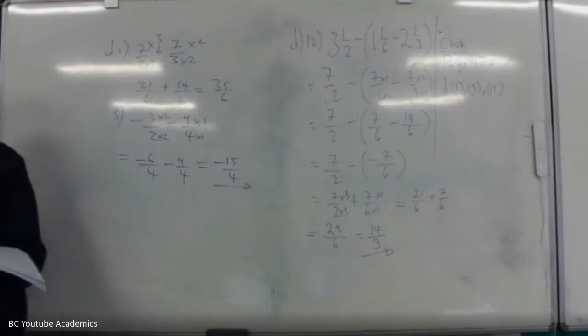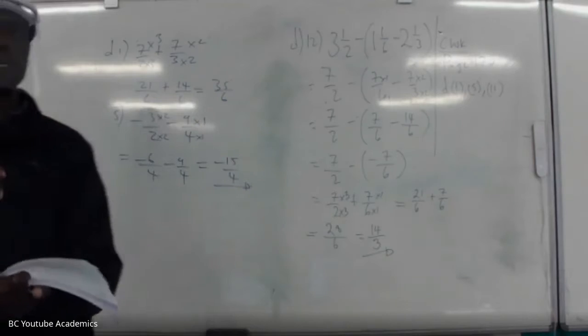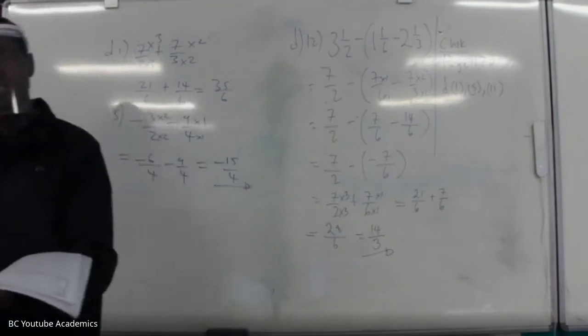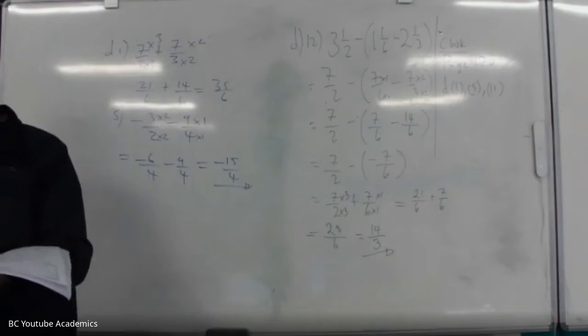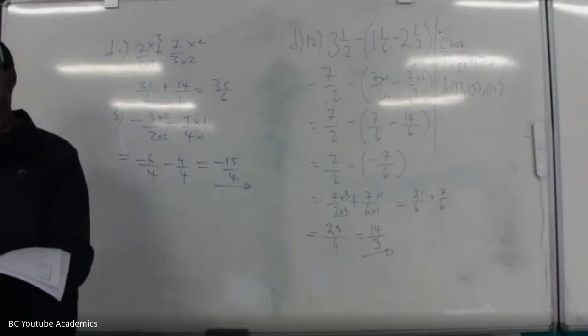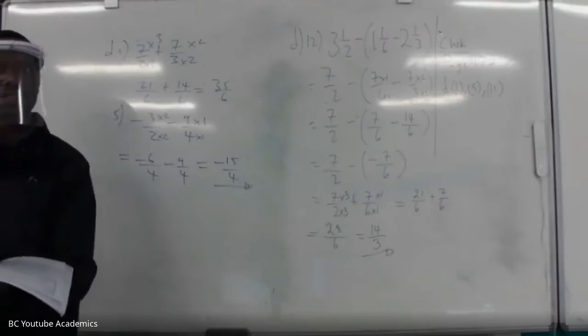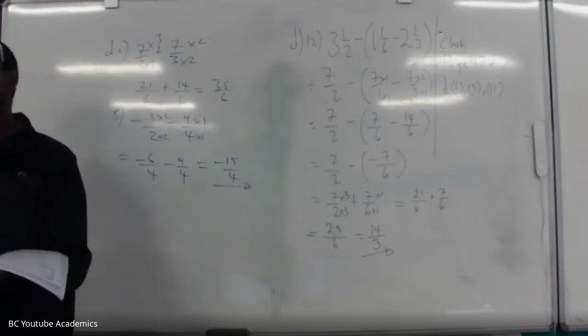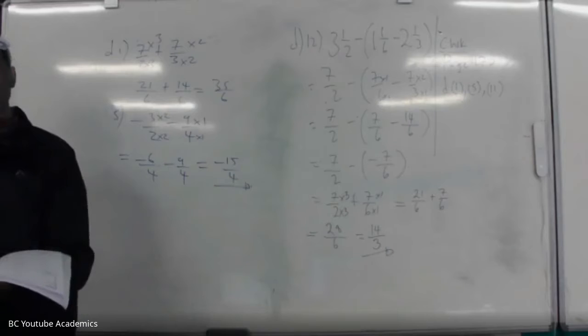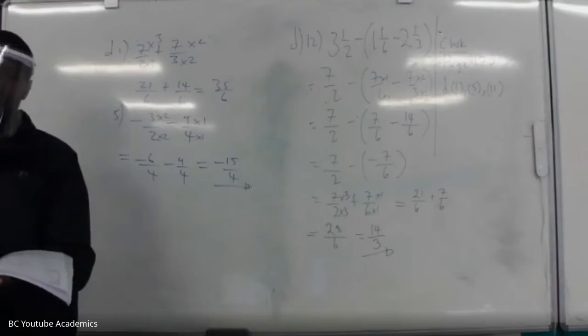So when you're dealing with converting from a mixed number to an improper fraction, just leave out the negative sign. Ignore the negative sign, focus on the number, and then bring back the negative sign. If you don't do that, you end up getting confused with the sign. So just separate the negative sign, deal with the number, and then bring back the negative sign.